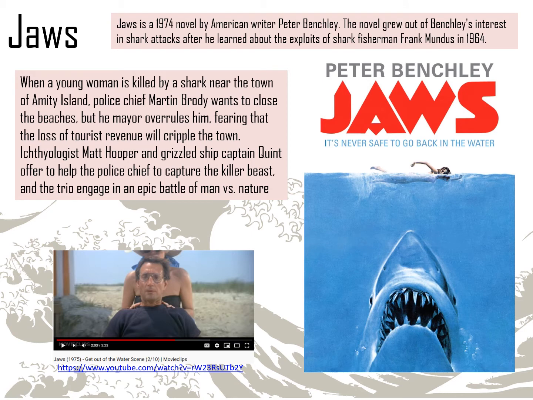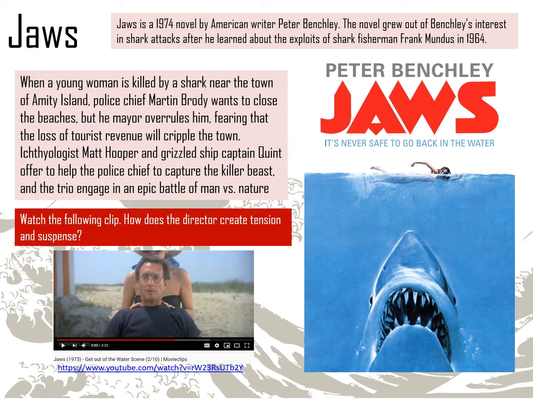An ichthyologist, that's a specialist in marine life, ichthyologist Matt Hooper and the grizzled ship's captain Quint offer to help the police chief to capture the killer beast, the killer shark, and the trio engage in an epic battle of man versus nature.